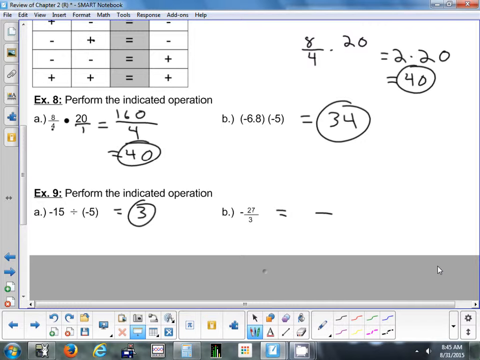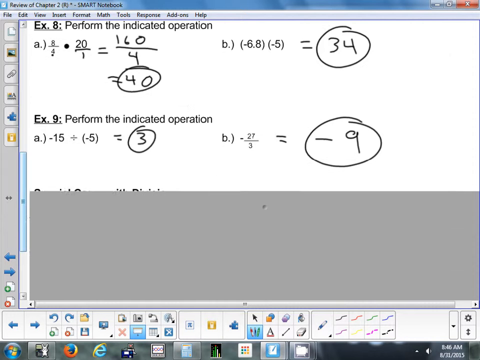Yeah, what's 27 divided by 3? 7. Not quite. 24 divided by 3 is 8. So is it 9? Yeah, 27 divided by 3 is 9. And we said earlier that it would be negative. Good.